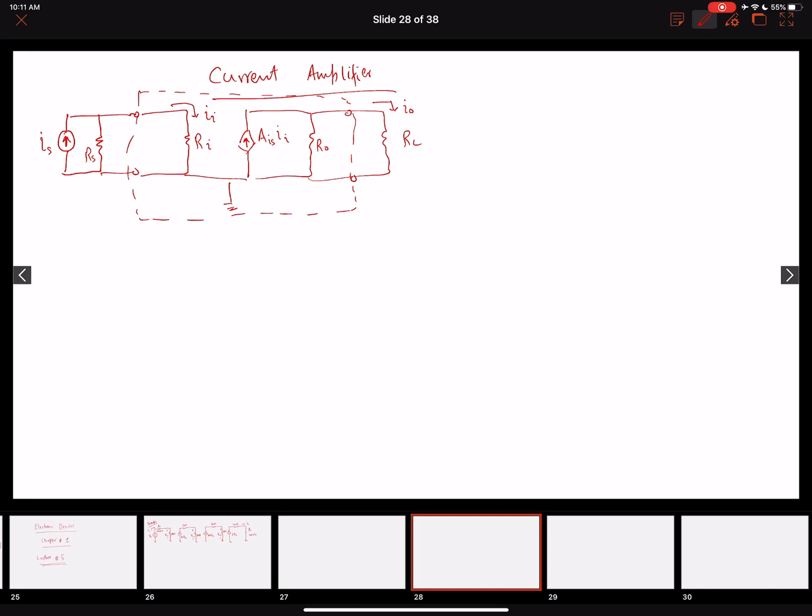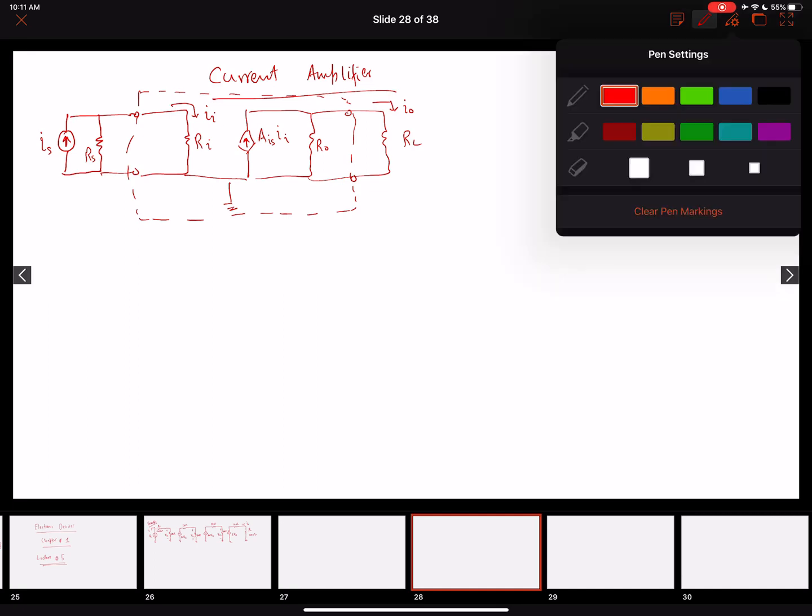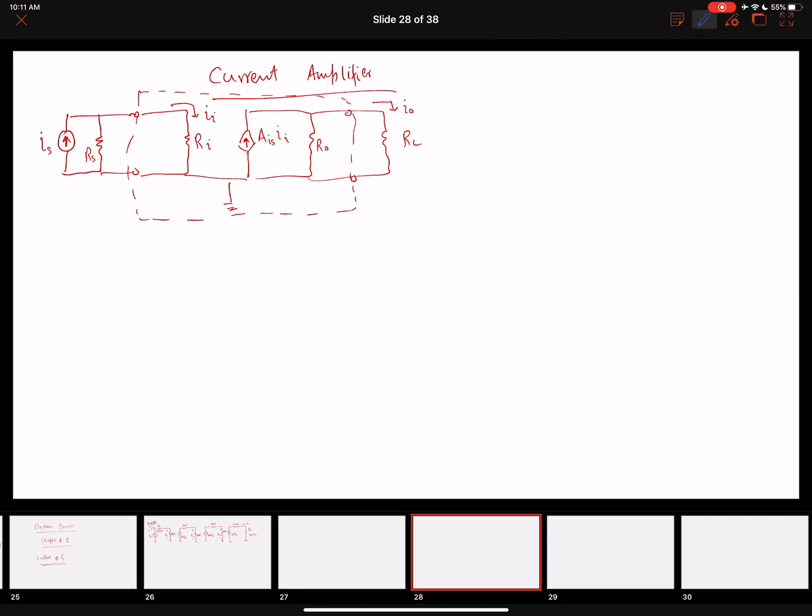If you look closely, what we have over here is a source current, and then we have a source resistance that is connected to the input of the amplifier. The input of the amplifier is going to have an input resistance, Ri, right? And similarly, our amplifier is connected to the output, which is the load resistance. Our amplifier is going to have an output resistance represented R naught over here.